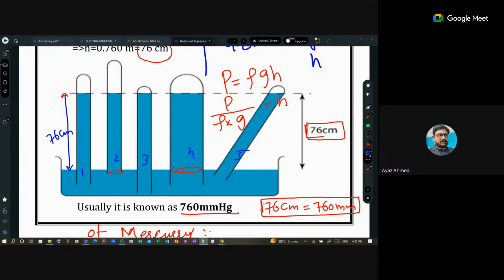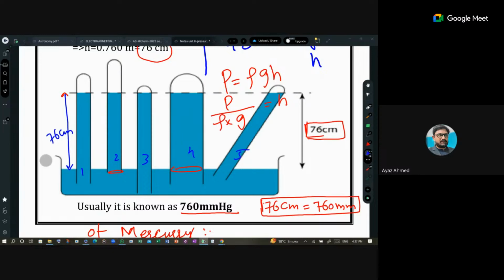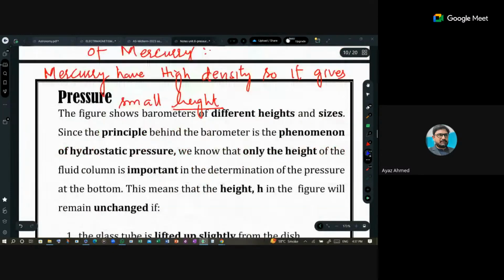These all are the five different situations in which I told you whether the pressure would be greater or less. So I told you that pressure only depends upon the vertical height of the column. Okay, will it be clear to you?